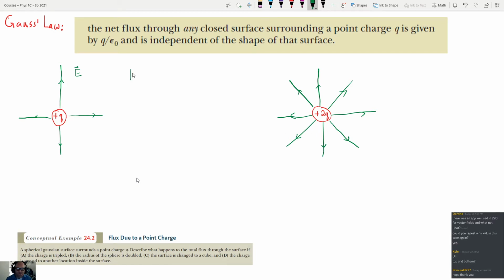So we could make the following statement: the size of the electric field is proportional to the number of field lines divided by area. Kind of like density, the density of the field lines. The places where you have more field lines per unit area, you're going to get a bigger electric field.